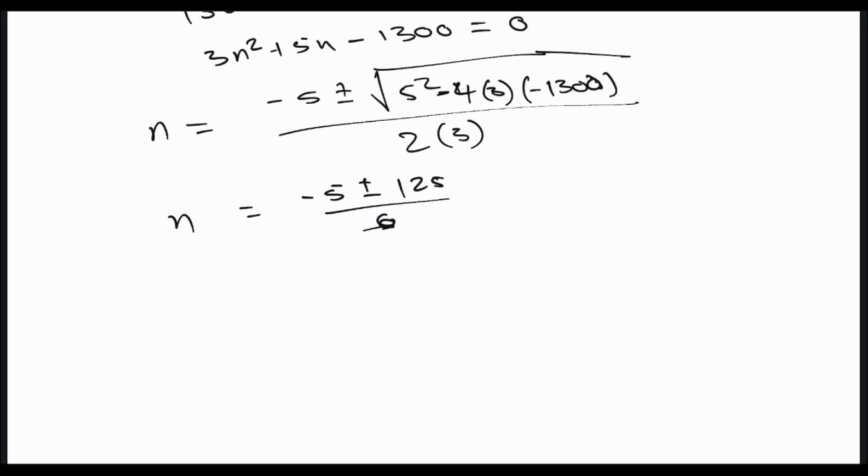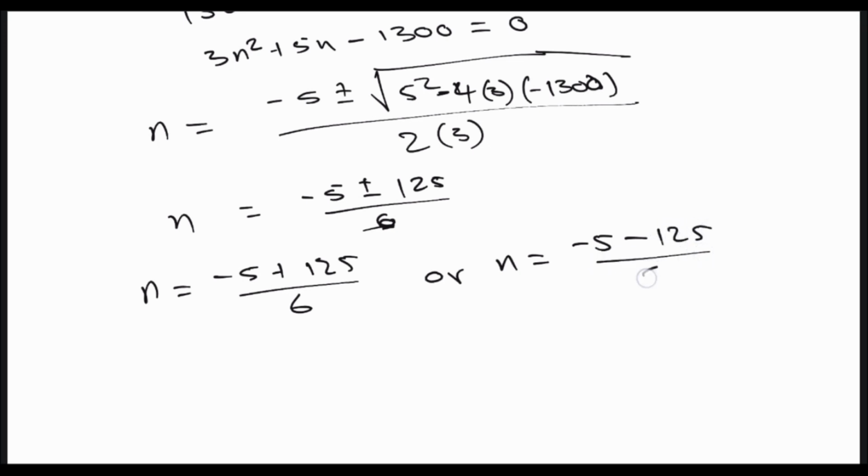Right. So now we know that n is equal to minus 5 plus 125 over 6, or n is equal to minus 5, plus, okay, I'm sorry, that's minus 125 over 6.